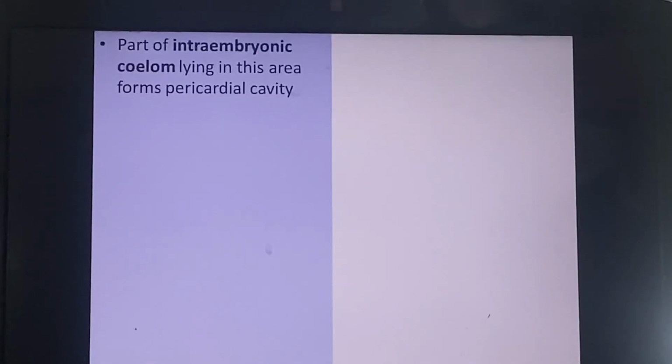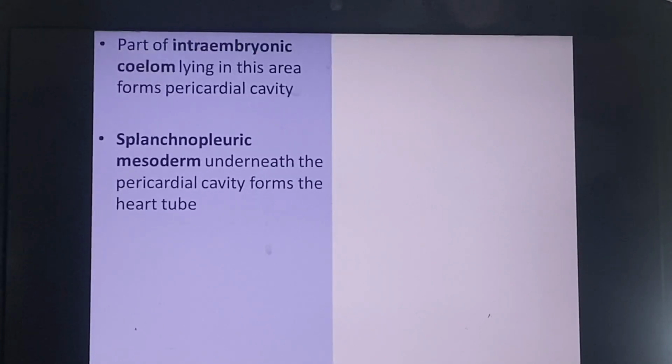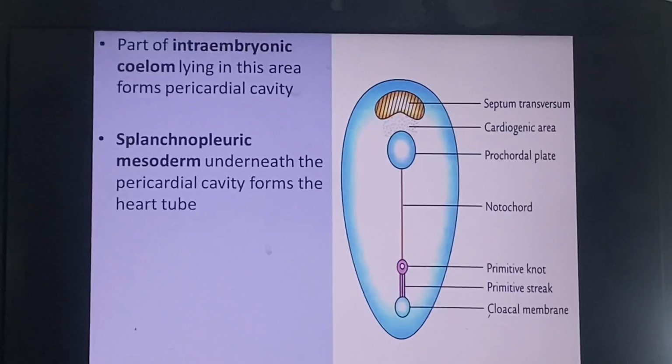Now the part of the intraembryonic coelom lying in this area forms the pericardial cavity. I have shown you the diagram of the relation of the heart tube with the pericardial cavity. Initially the pericardial cavity is lying ventral to the foregut, but as the head and tail folds form, 180-degree rotation happens, and the heart tube comes to lie superior to the pericardial cavity.